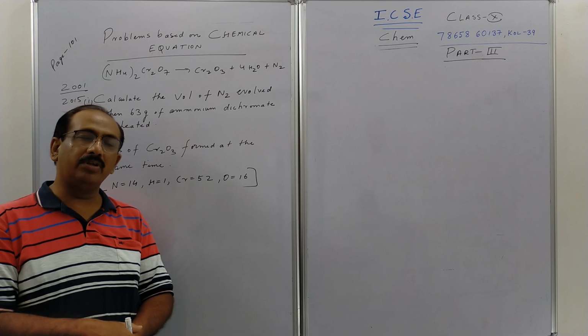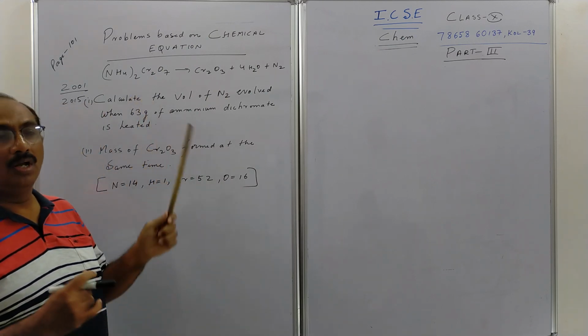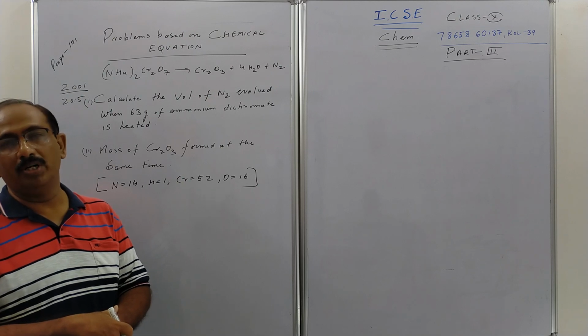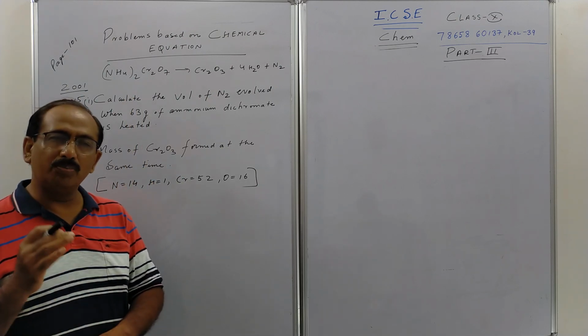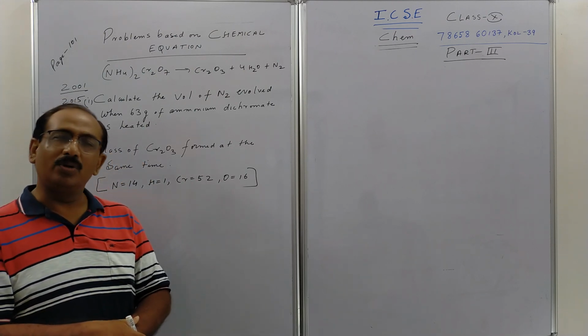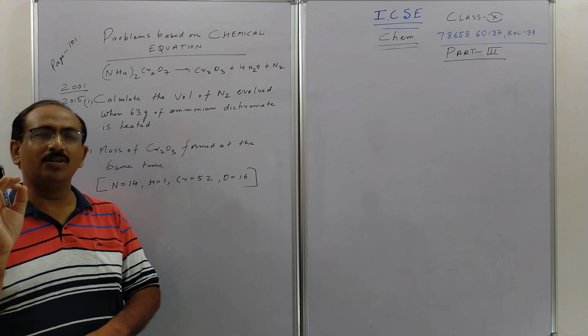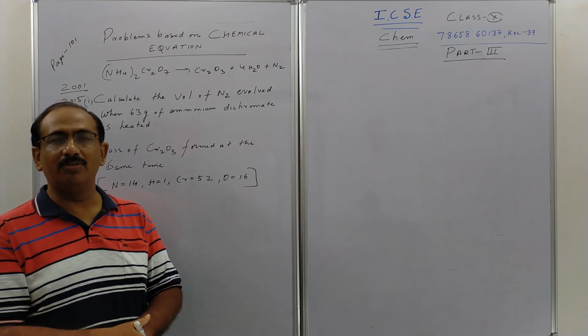Ammonium dichromate is a very nice compound, orange in color. If you want to see what happens when you heat or burn it, it gives a very good volcano experiment. So simply children, before you start doing this, you can go and just search for heating of ammonium dichromate. On YouTube you will get many videos.